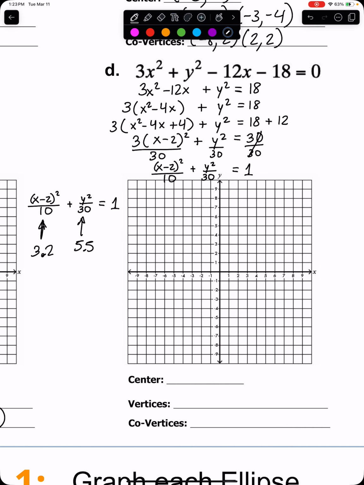Okay, so the center of this graph is at (2, 0). The x-axis is moving 3.2, and the y-axis is moving 5.5.